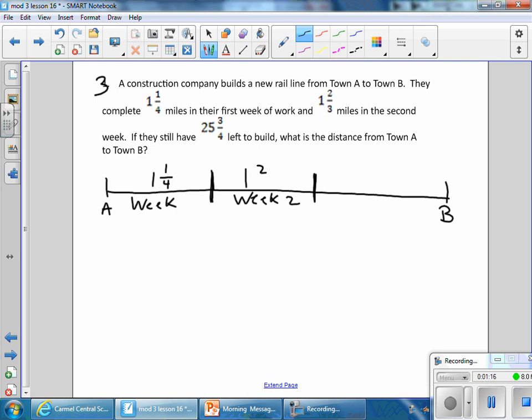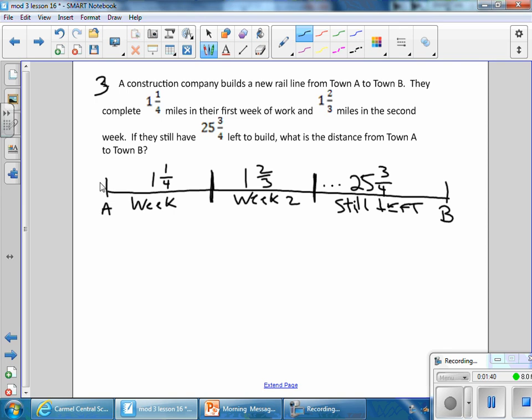1 2/3. Now, obviously, I don't have a number line long enough to represent that there's still 25, but I'm going to represent it with a couple of dots, and 25 3/4 miles still left. Okay?